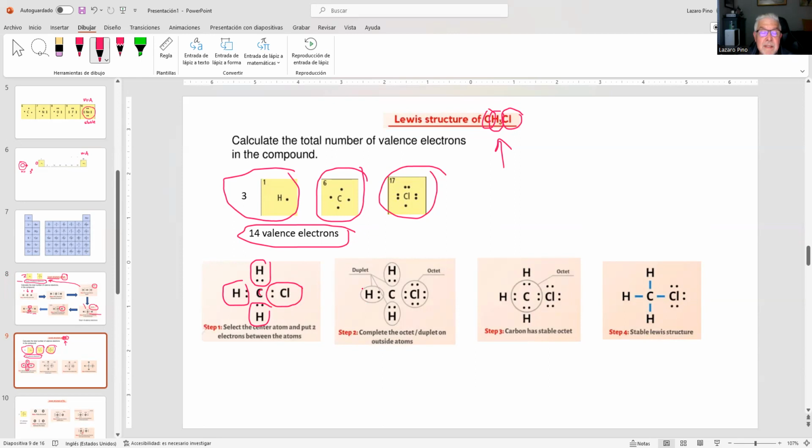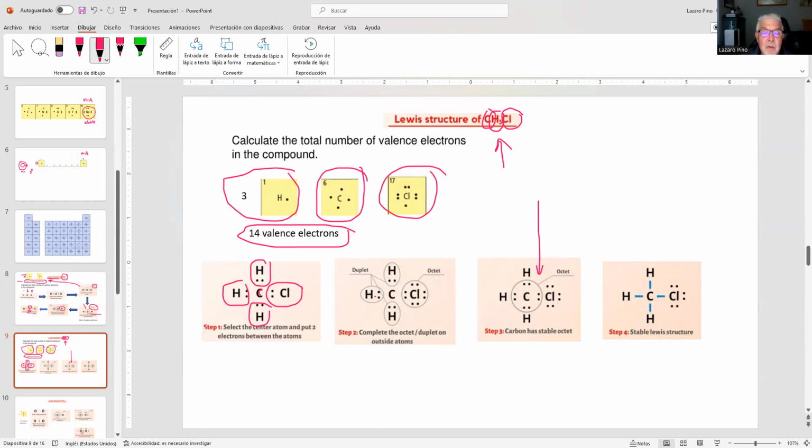Well, if we see, hydrogen has a duplet, then it's satisfied. And carbon has an octet, as you can see here.